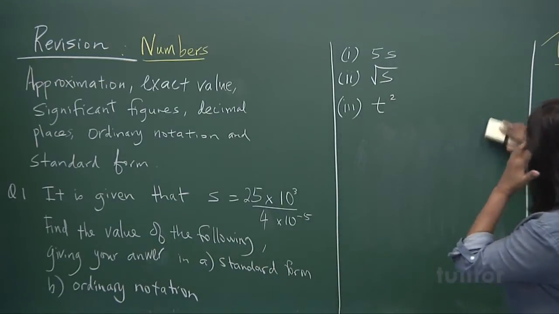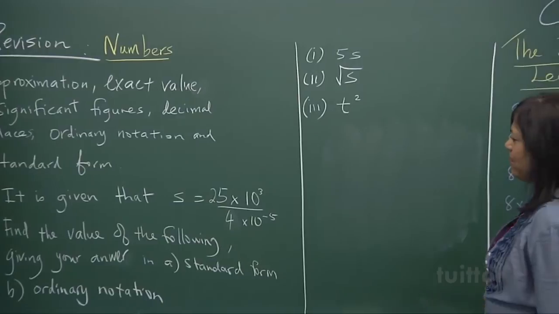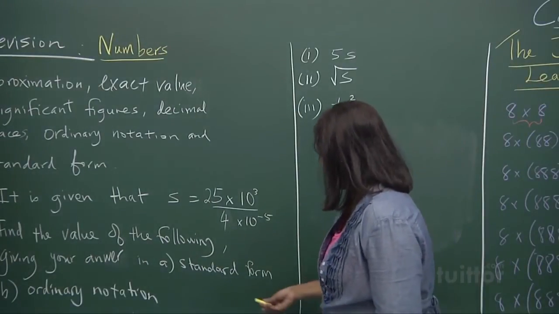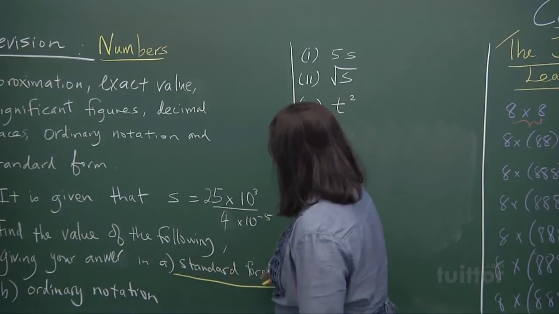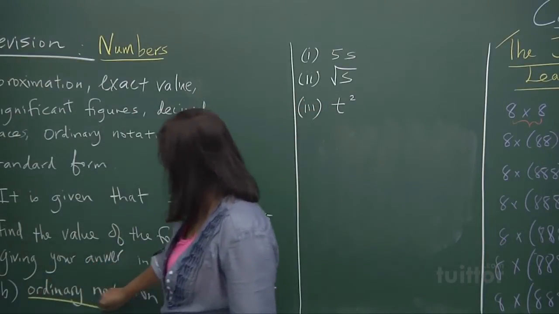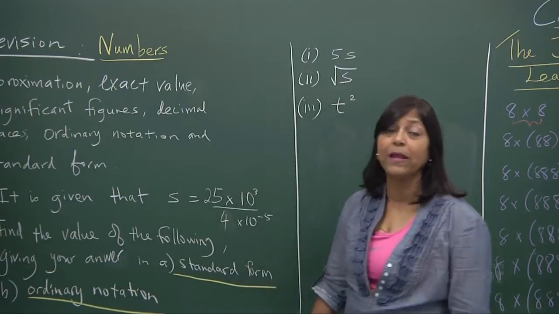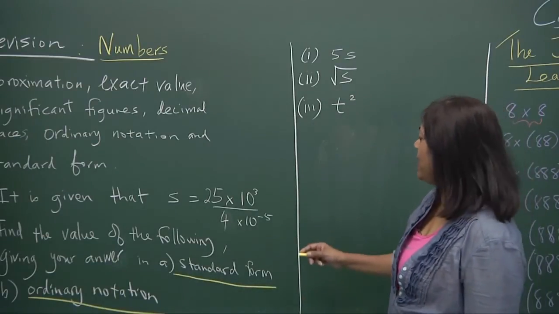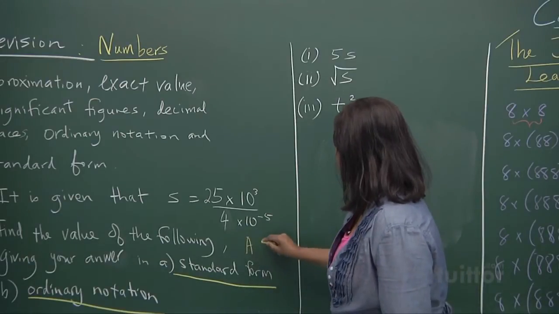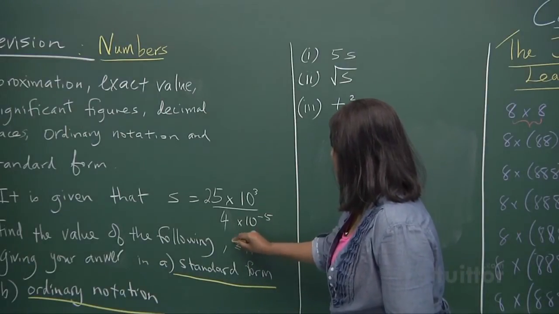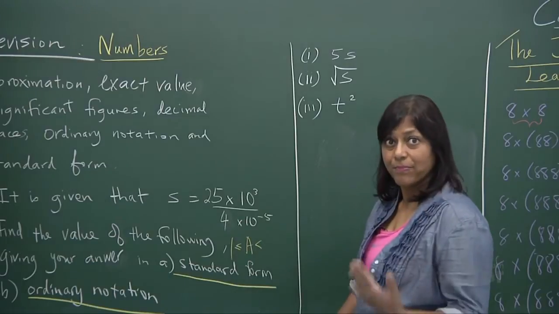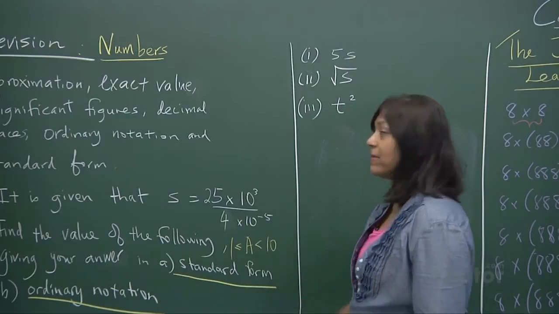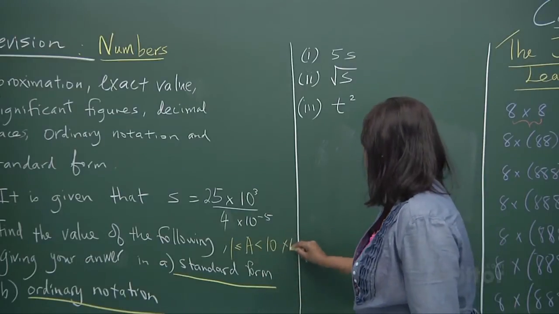Before that, you want to get your answer in standard form and in ordinary notation. Standard form means your answer has to be in the form A times 10 to the power of n, where A must be 1 or more but less than 10.